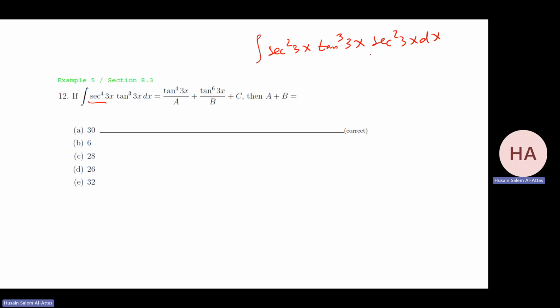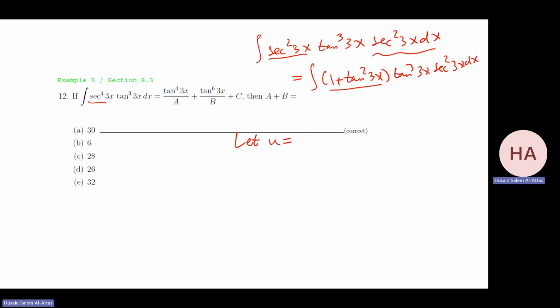Okay, so that will be my du. So this I change it to tan. I know this is 1 plus tan square 3x tan cube 3x secant square 3x dx. I change only this into tan. So now be careful now about the fraction. U equal tan 3x.